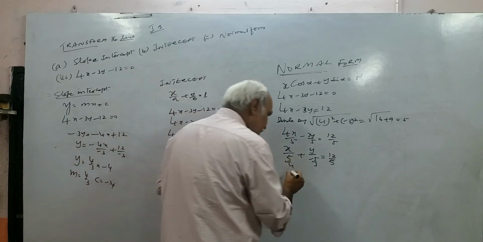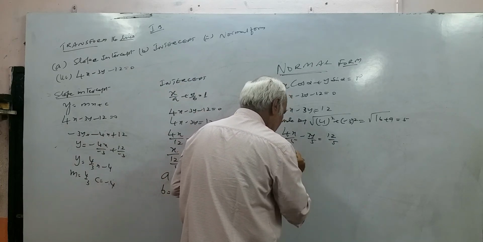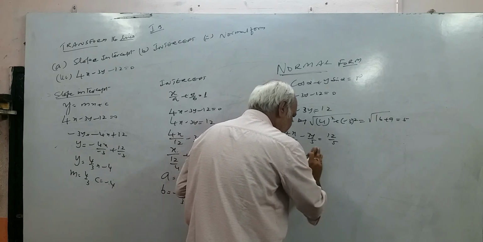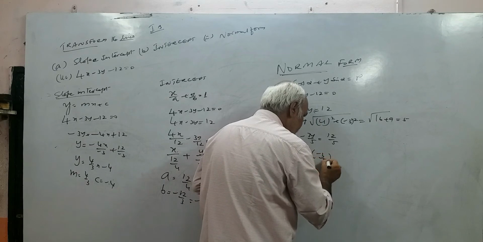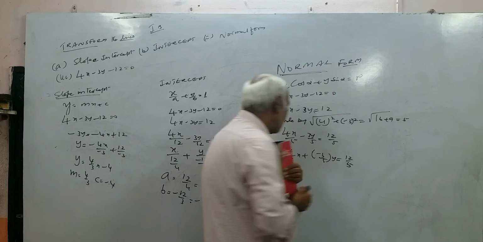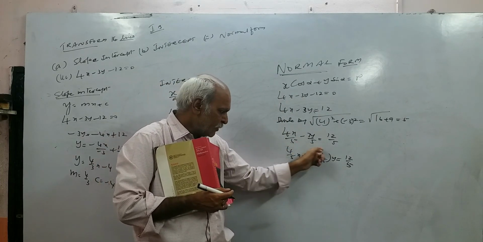Therefore, here, sorry, 4 by 5 x plus minus 3 by 5 y is equal to 12 by 5. So, what I have done? 4 by 5 x plus, I have to change always plus, sir, here, minus 3 by 5.